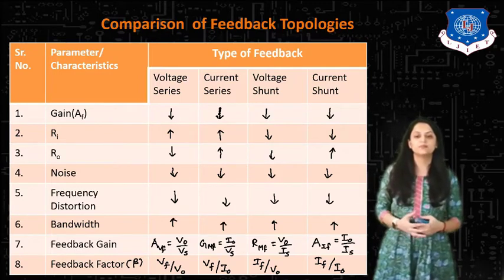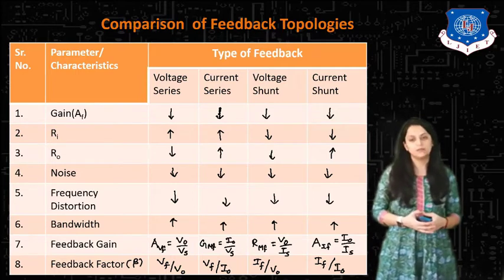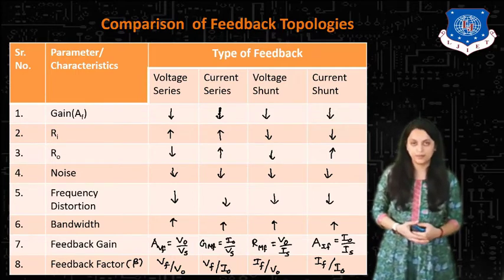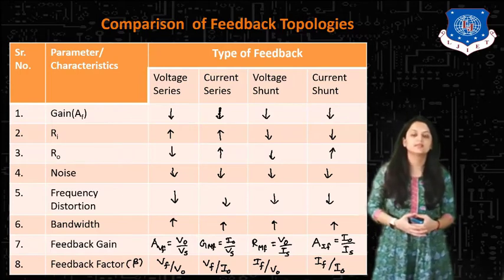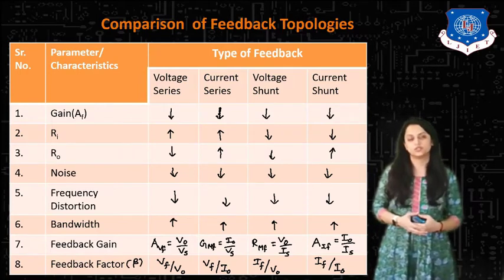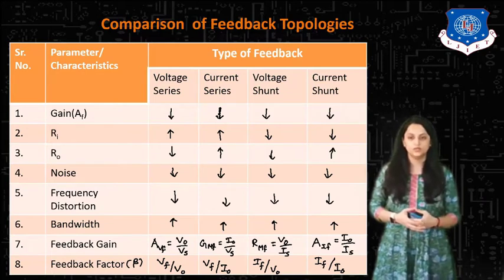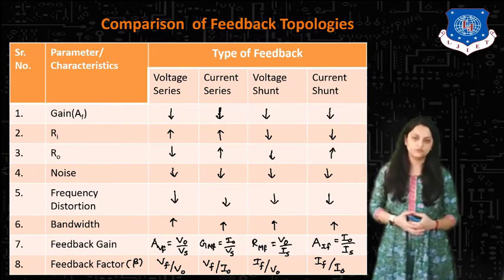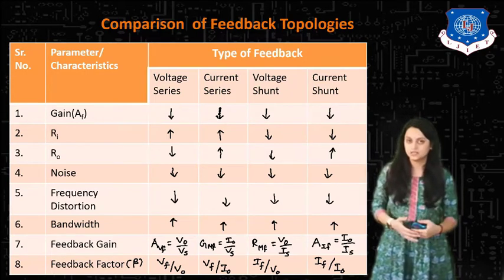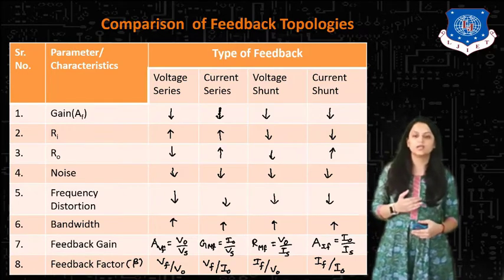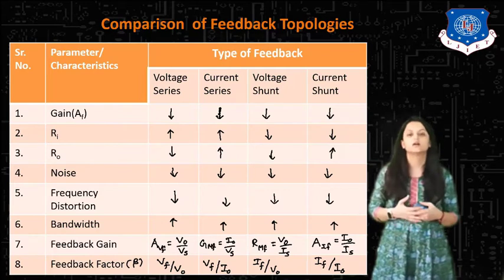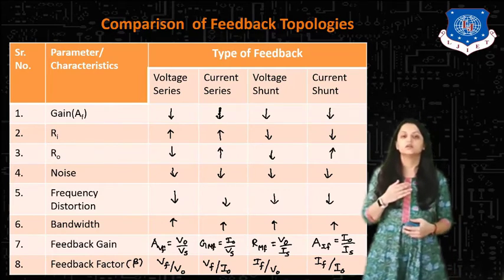That means the noise parameter is the same for all of these types of feedback. Now, next is frequency distortion. Frequency distortion for voltage series is decreasing. Also, for current series, voltage shunt and current shunt, it decreases. It is low.